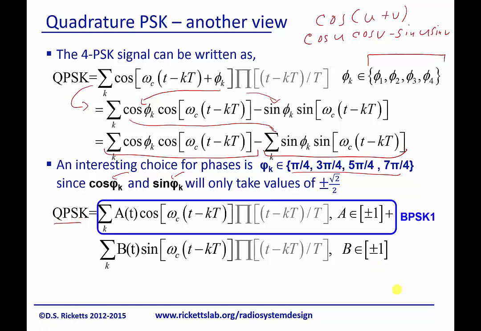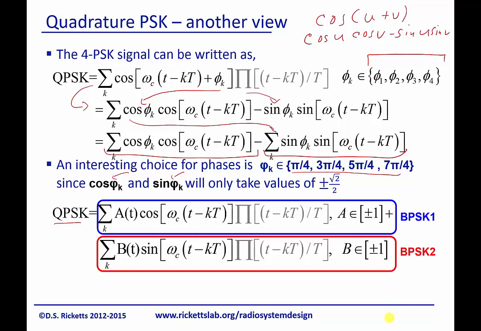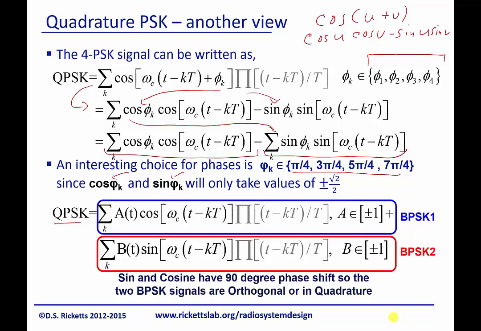And you can see that that's just simply a BPSK signal and a BPSK signal. And the reason we're able to do this is we basically are transmitting 2 BPSK signals, but they're orthogonal. One's cosine and one's sine. And if you remember from the analog modulation lab, we're able to transmit orthogonal signals without disrupting one another.